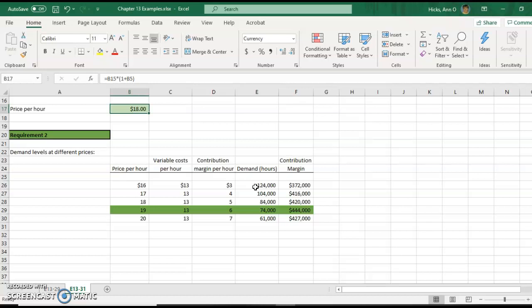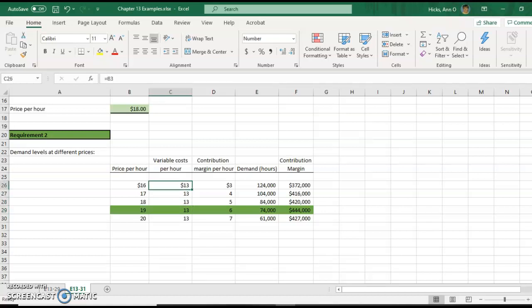It's important to note that we're assuming in this that at all levels from 61,000 to 124,000 hours of demand, our fixed costs will not change. That being the case, we don't care about our fixed costs. If you look, though, you'll see that at $19 an hour, we're maximizing our contribution margin.